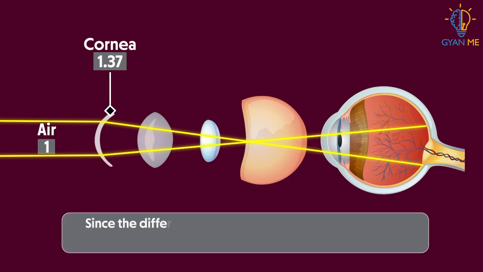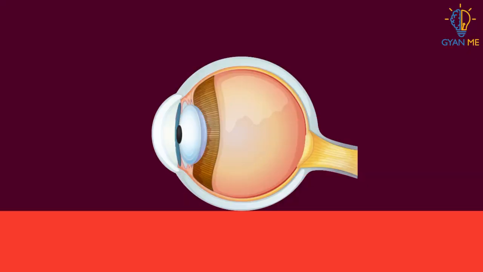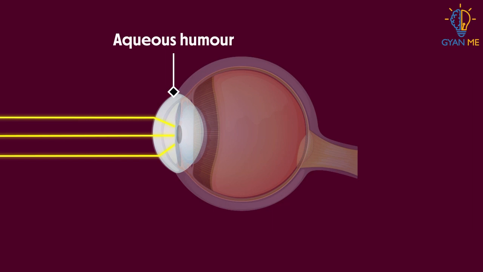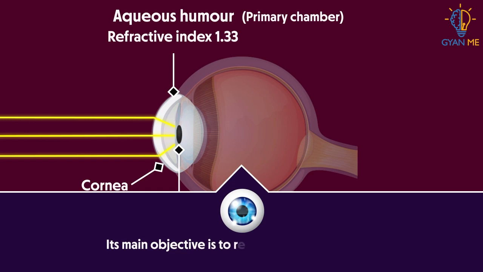Since the difference in the refractive index is very significant, the refraction of light is also much more here. From here, light rays enter the transparent fluid called aqueous humor, which is present between the cornea and pupil. Its refractive index is 1.33. It is also called the anterior chamber. Its main objective is to refract the light into the pupil.